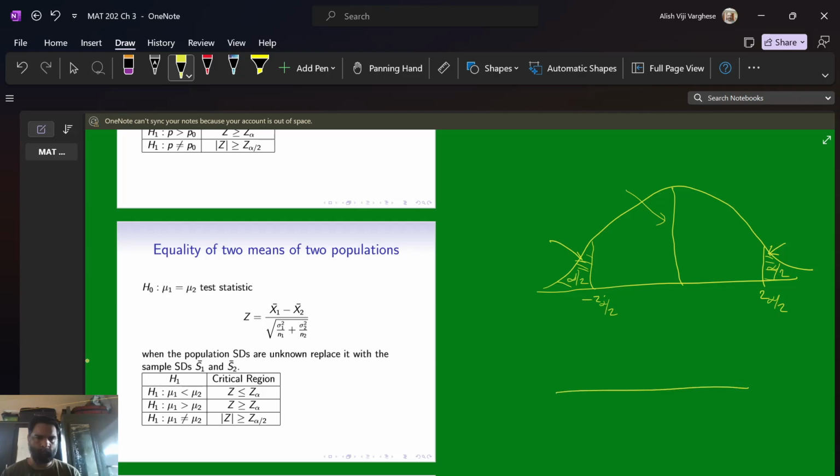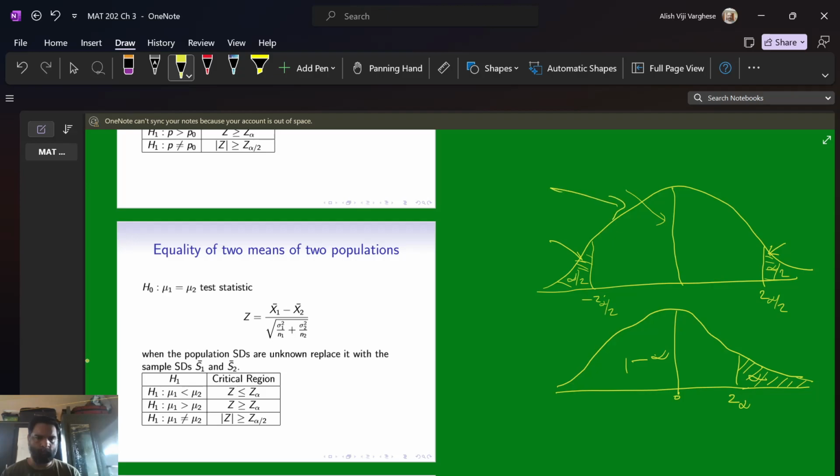If the alternative hypothesis is of the less than or greater than type, then the critical region is something like this. This is alpha, this is 1 minus alpha, and this is our critical region.